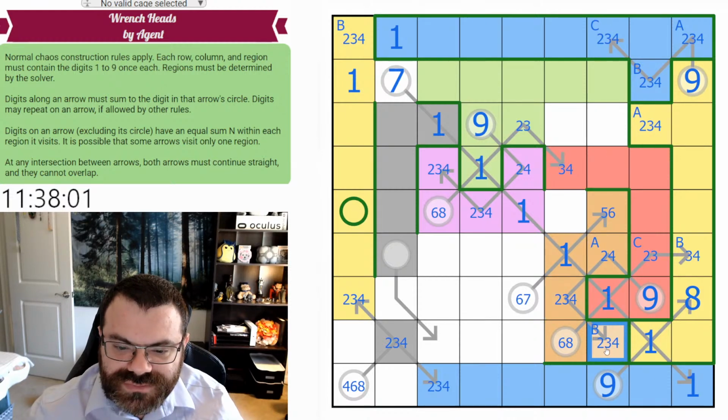This sees A and C, so that's B. So that's C. This one sees B and C, so it's A. This is A or B. This is A or B. If it's B, this is C.